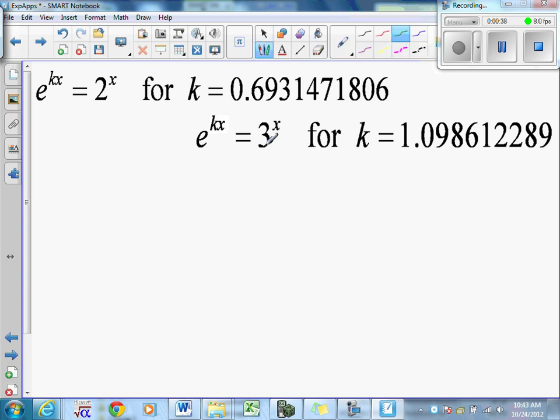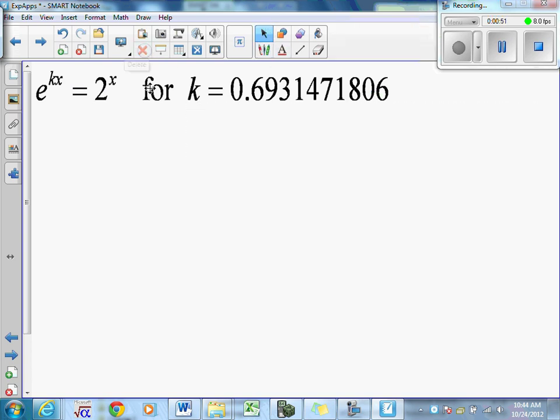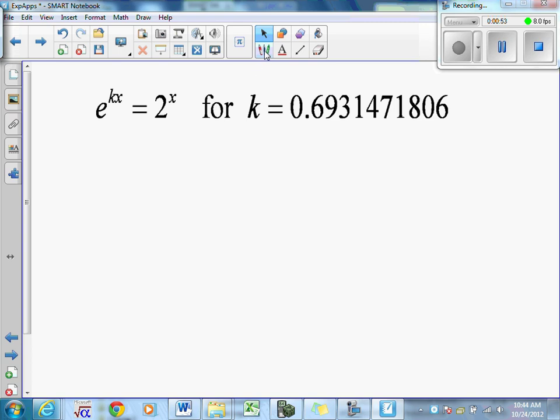Now, 3^x and 2^x aren't a problem since we have our change of base formula from the previous lesson. But to keep things uniform with e, we can look at this. To show you how this works, I'm going to get rid of the 3, and we'll look at just the 2^x.